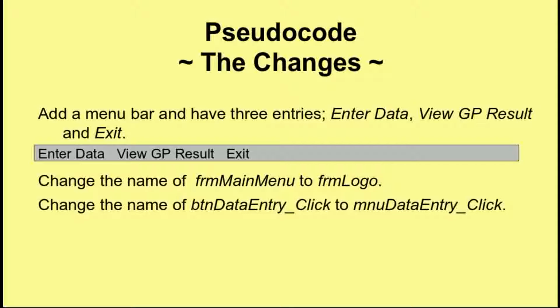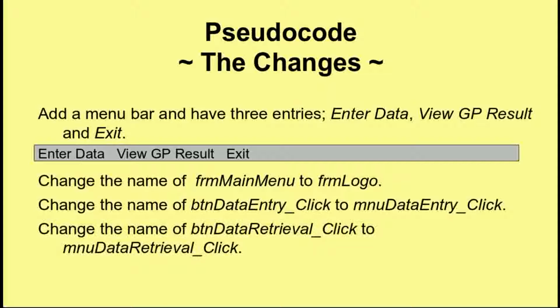So what else do we have to do? We have to change the name of the button entry click event to menu data entry click. That makes sense. And if we do that, we've got to change the name of BTN data retrieval click to menu data retrieval click.